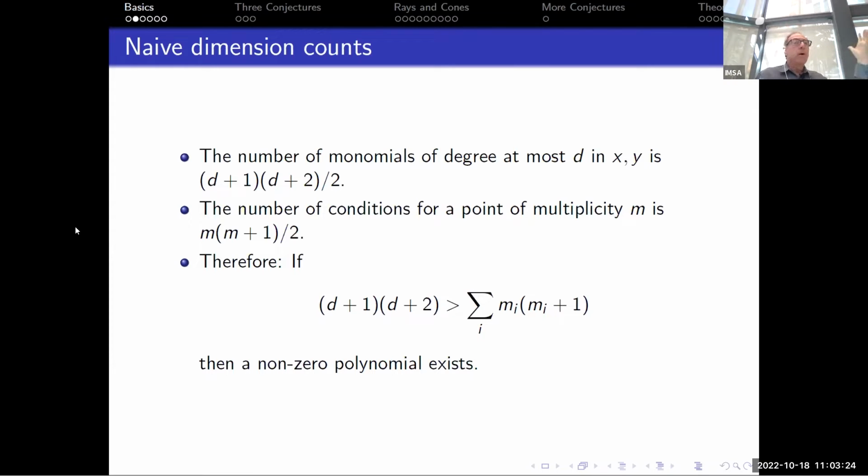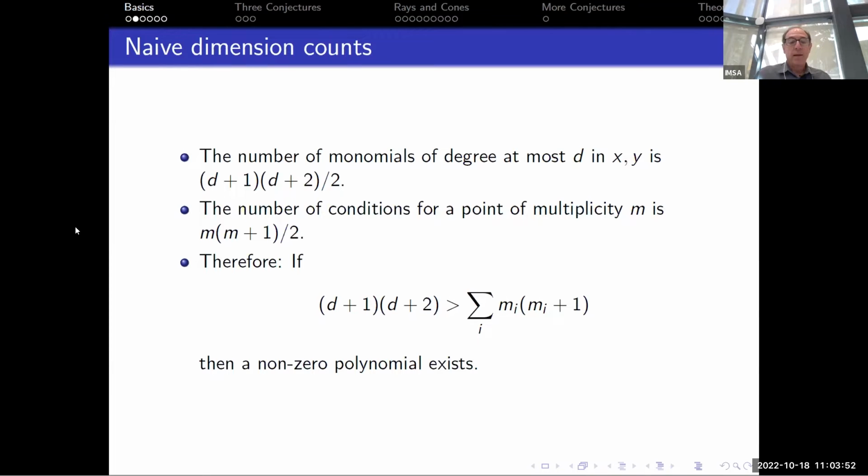If you ask for a point of multiplicity m, you're asking for m times (m plus 1) over 2 derivatives to vanish, that is, that many conditions. So if you have more dimension in your space than you have conditions, of course you're going to get solutions, right? A non-zero polynomial will exist.